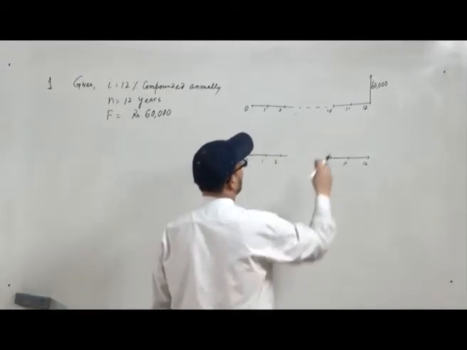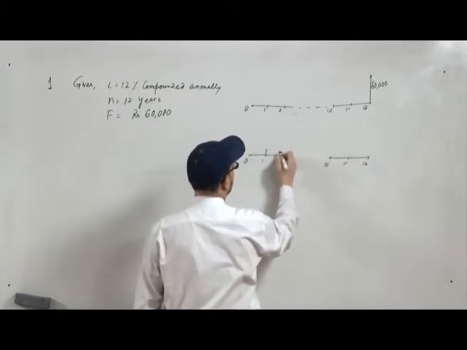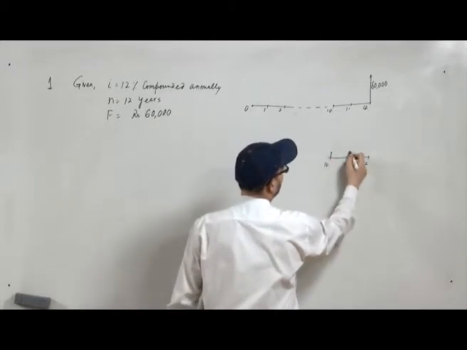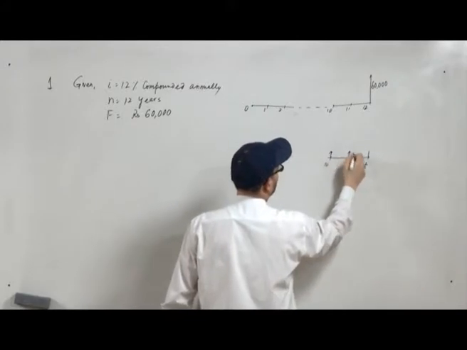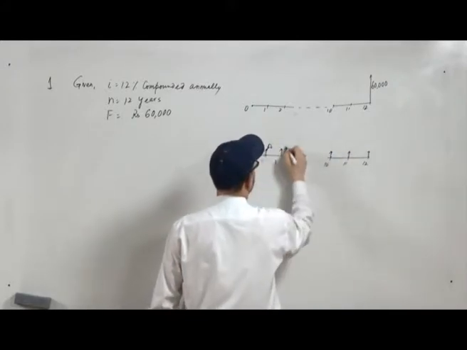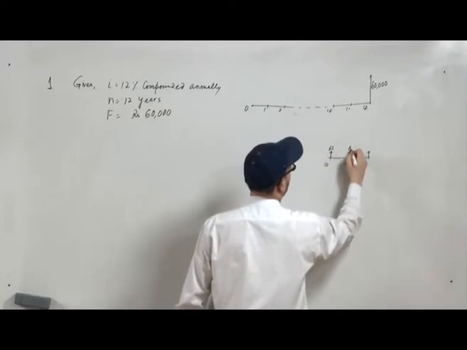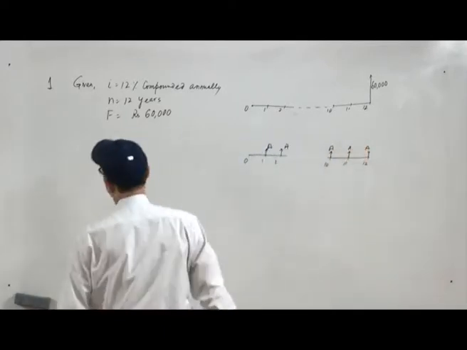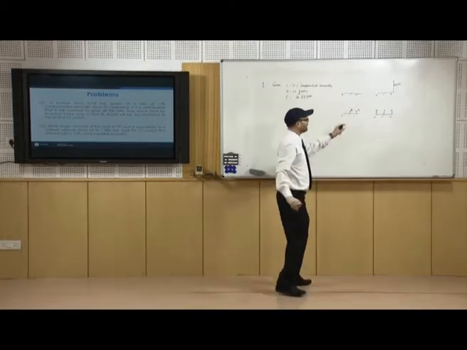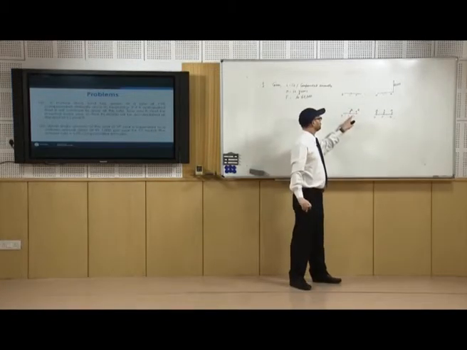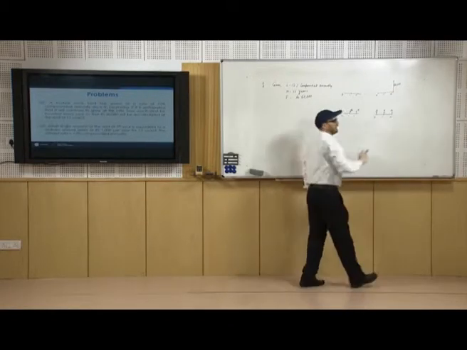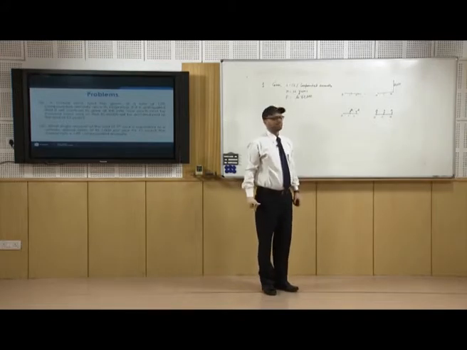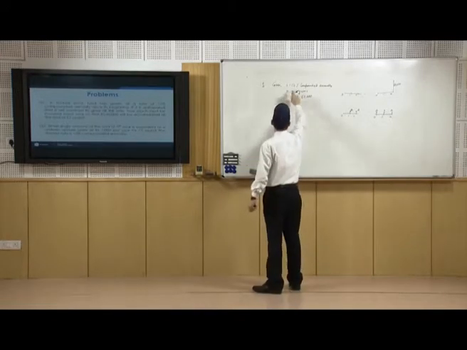You have to find the equivalent amount A which should be deposited every year end, so that this is equivalent, and which should give you 60,000 at the end of 12 years. You are given F, n and I, you need to have A.